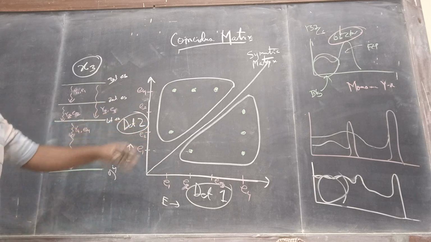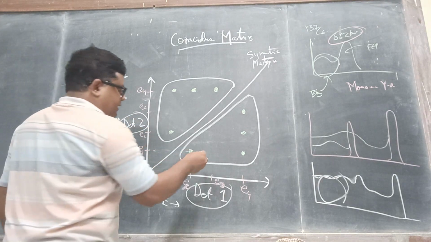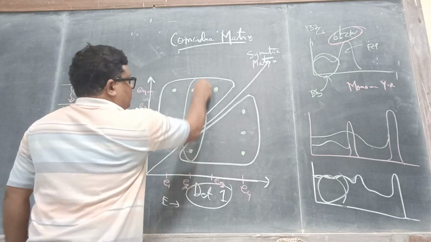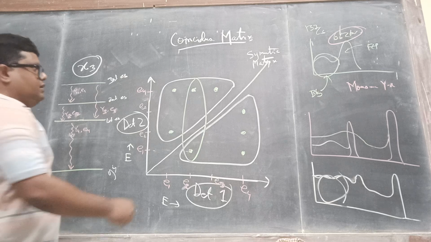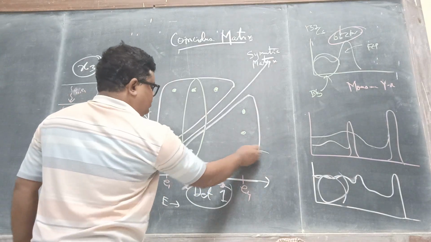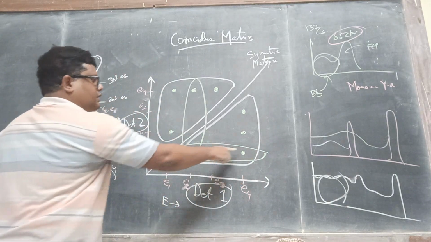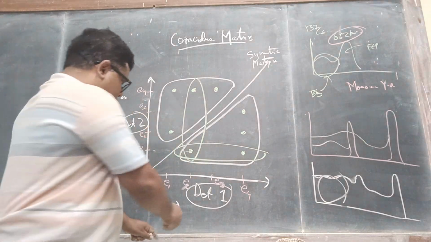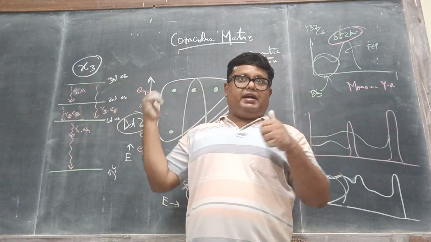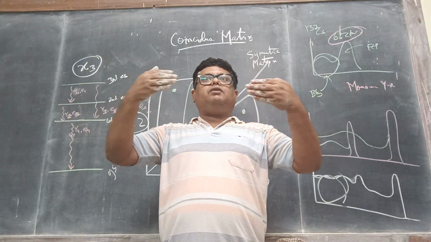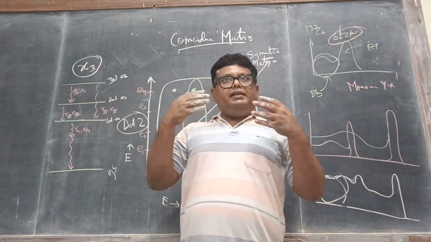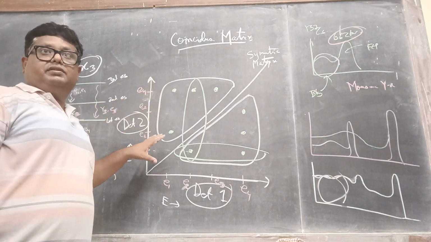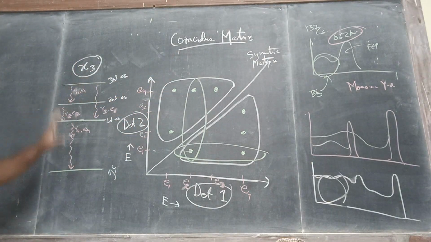So this is the basic idea. If I detect one gamma ray, then I get an idea of which one is coincident with it. Similarly, here also, if I detect this one, I will get an idea of which one is coincident. So this correlation helps me. Basically, I am taking two detectors right now and trying to get a correlation between them, and this will help me identify the coincident gamma rays in the spectrum. So that's the basic idea.